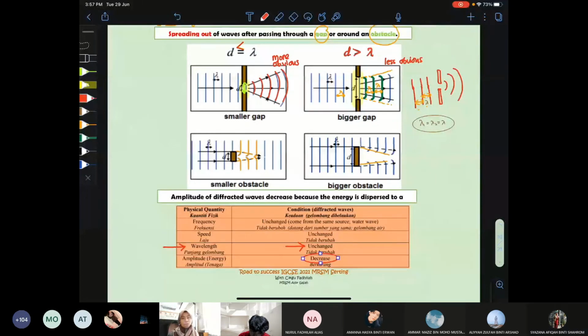Because the energy is reduced. Okay, amplitude decreases because the energy is dispersed to a wider area, a wider region.